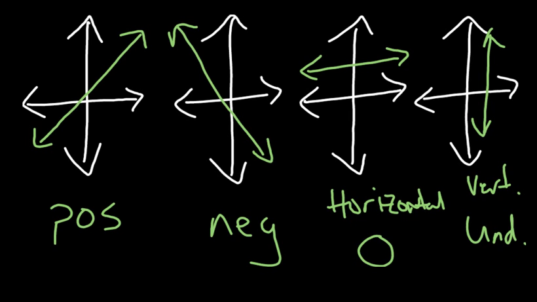So every time the line is slanted this way, any line that has that kind of a slant is a positive slope. Any line that's slanted this way has a negative slope. Horizontal lines, the slope is always 0, which makes sense. Like the ground would be horizontal. It's flat. It's 0. It doesn't have a slope.